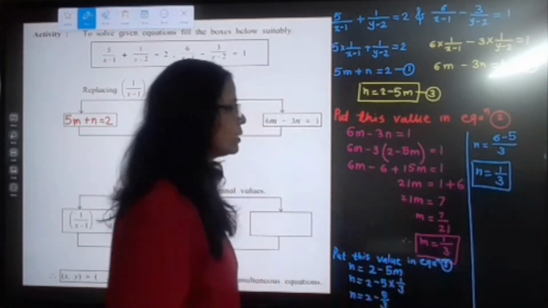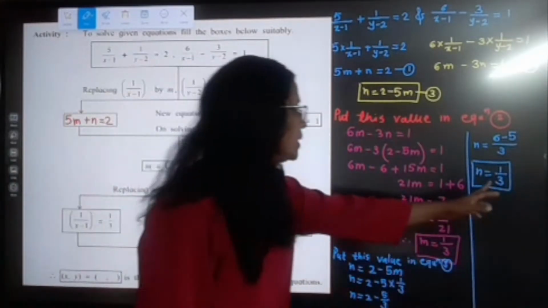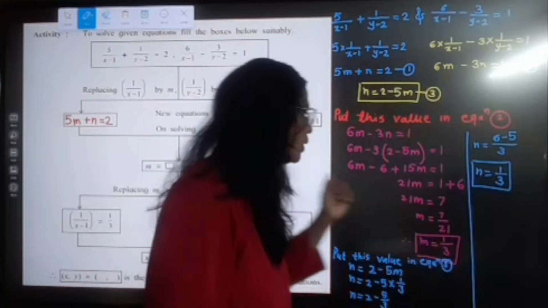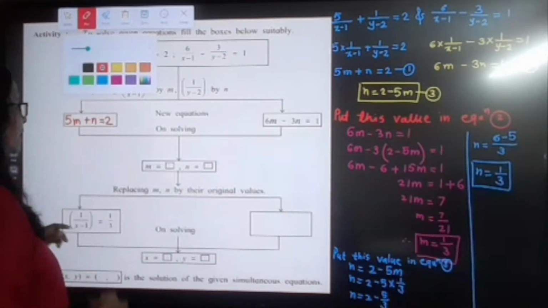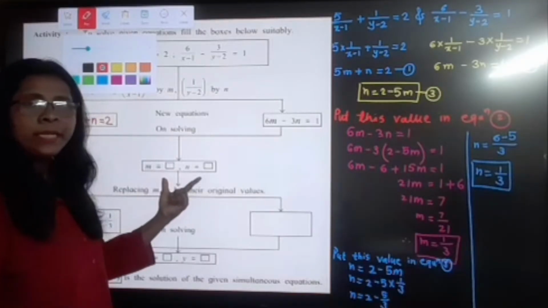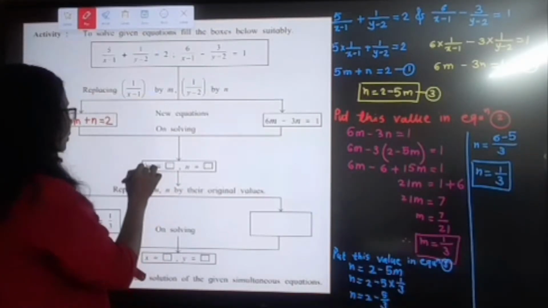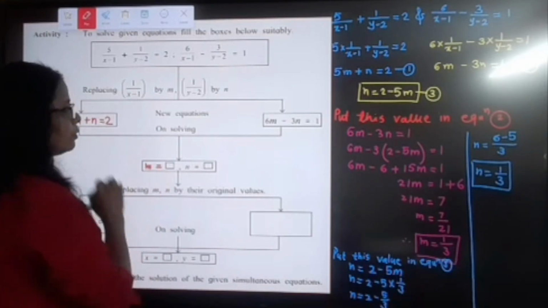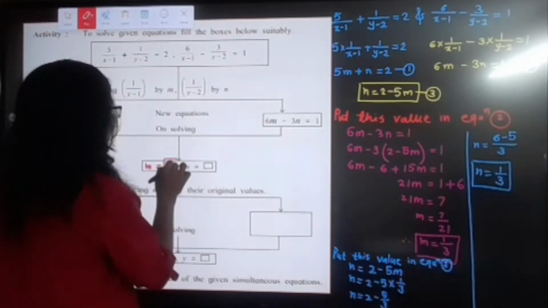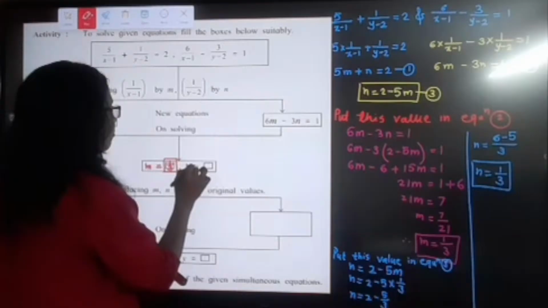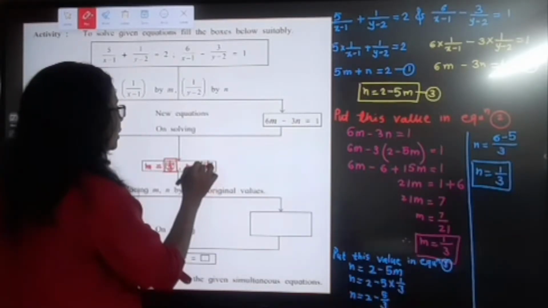Yes, m is equal to 1 upon 3 and n is equal to 1 upon 3, students. We write that in this empty box: m is equal to 1 upon 3, n is equal to 1 upon 3.